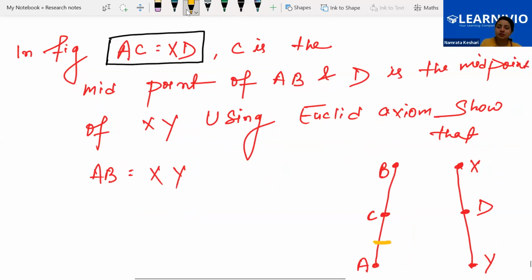It is also given that C is the midpoint of AB and D is the midpoint of XY. We have to use Euclid's axiom to prove that AB is equal to XY. First axiom, if you are saying, then please tell me what will be the step: things which are equal to the same thing are equal to one another.